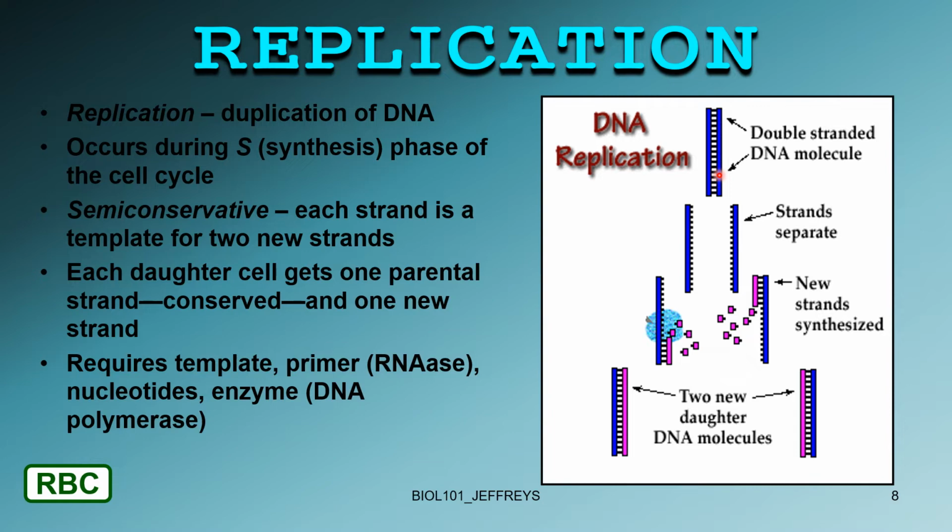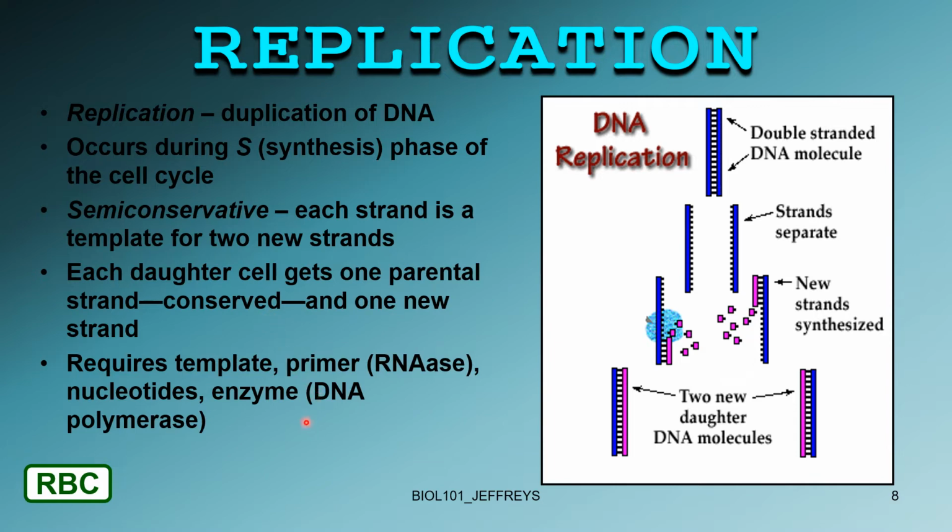Each has one original strand from the parent, and each has one new strand that we've just replicated. One strand of the parental DNA is conserved. Each daughter cell gets one parental strand, the conserved strand, and one new strand.